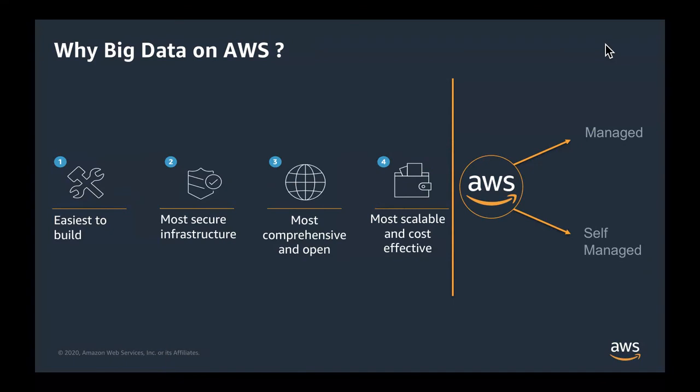Let's now talk about big data and why big data on AWS. As many of you are probably familiar, AWS provides a lot of tools for building big data analytics applications, and they are quite comprehensive, in the breadth and depth of the portfolio, everything from data ingestion to storage on S3, data processing on EMR, data warehousing through Redshift, or the many purpose-built databases that we have.